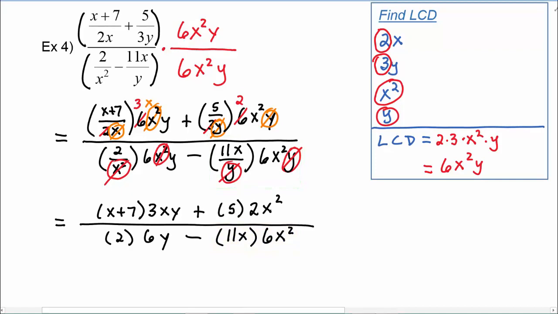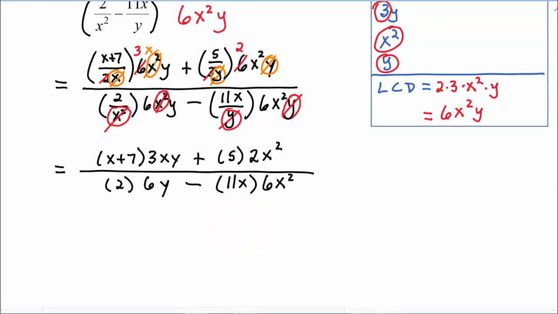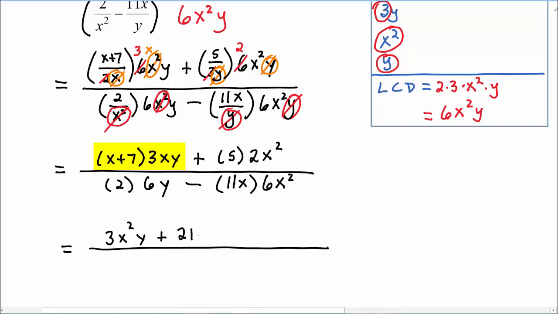We're ready now to expand out to get the final answer. And in the numerator, we'll need to distribute this 3xy over the x and the 7. So we'll get 3x squared y plus 21xy plus, over here it's a straight multiplication, 10x squared.